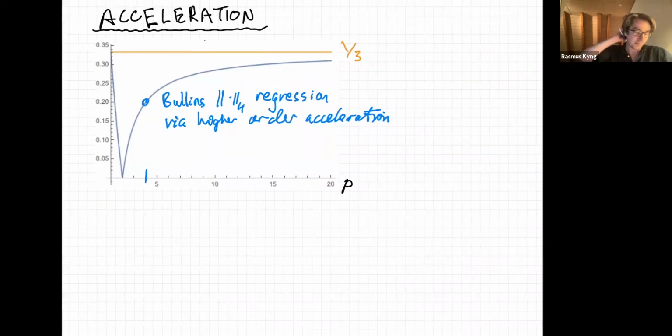Now Brian Bullins, in a manuscript that I think is not published yet, made a very nice observation. He showed that you can do 4-norm regression and get our running time again. But he did it by something called higher order acceleration, which is a very nice idea that unfortunately has not worked for anything except p equals 4. You can imagine what it ought to look like for all other p, but you just can't quite get an algorithm out of it.